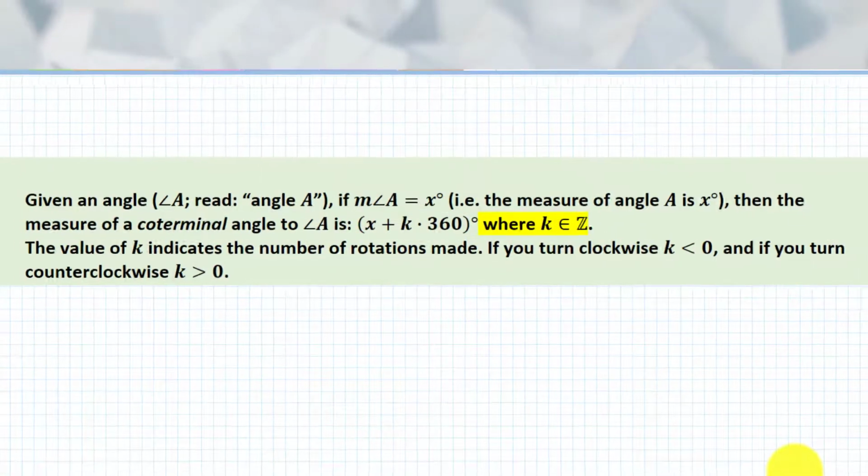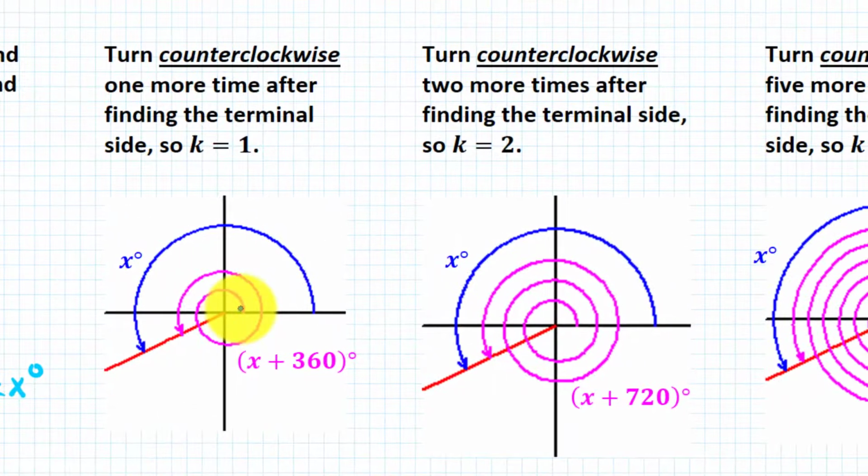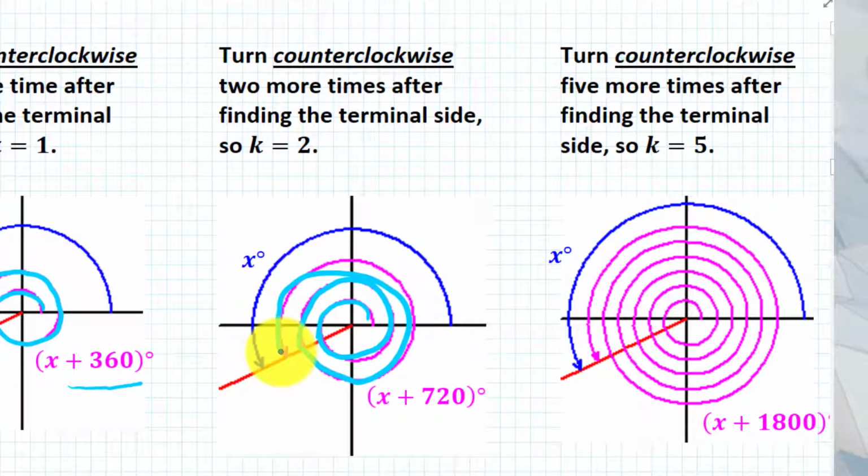Let's illustrate this property. You see right here, for example, the measure of the angle is x degrees. In the second illustration, what did I do to the angle x? Well, I just added one full revolution in the positive direction, which means counterclockwise. So I added 360. Right here, I added 2 revolutions counterclockwise.